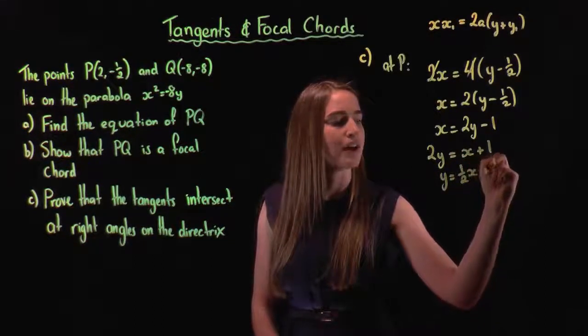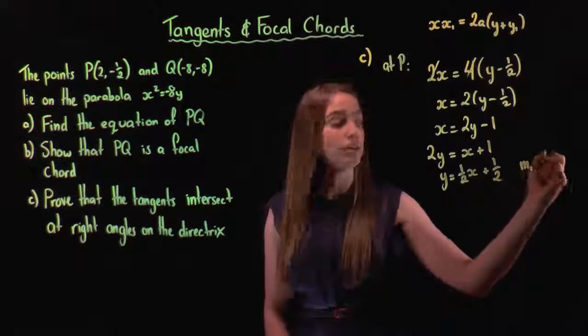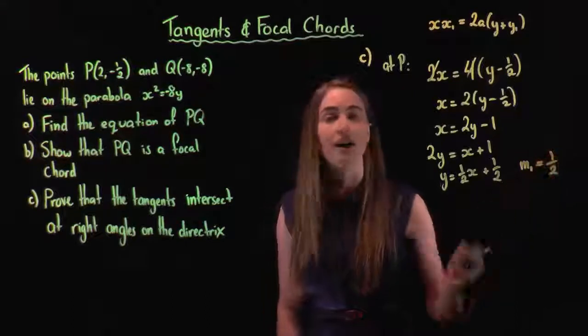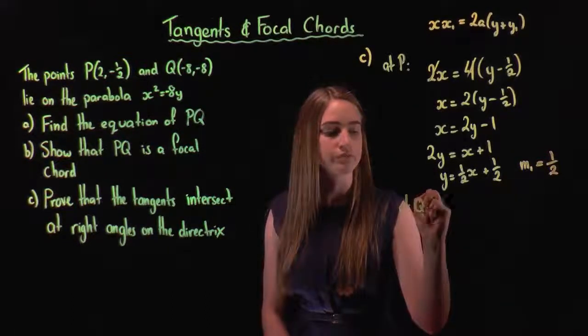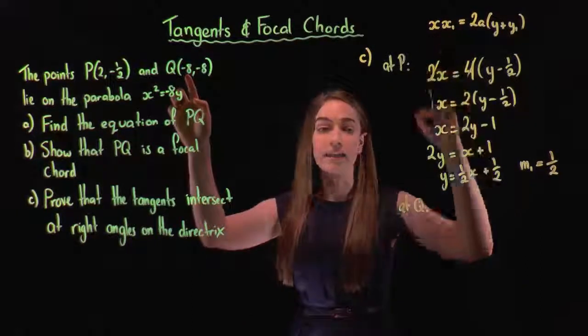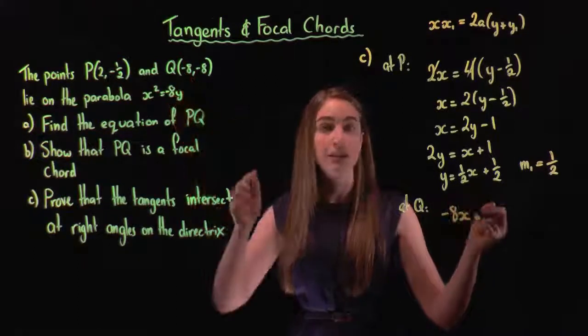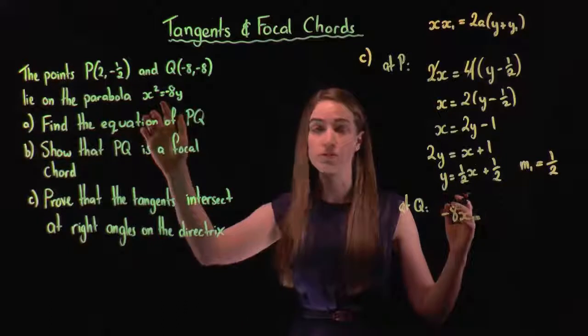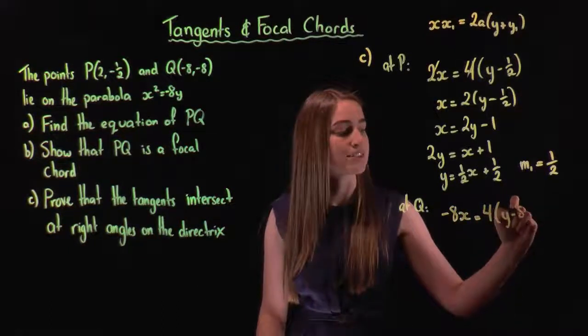Making y the subject, 2y = x + 1, which means that y = 1/2 x + 1/2. So the gradient of the tangent at P, let's call it m1, is 1/2. Now if we do the same thing for Q, at Q we have equation x x1, so -8x = 2a(y + y1), and a is still 4 in this equation, so we'll have 4(y - 8).